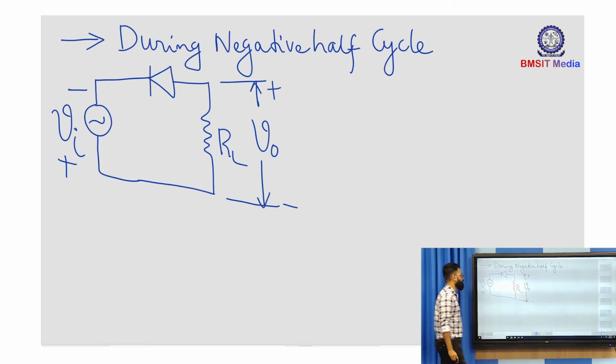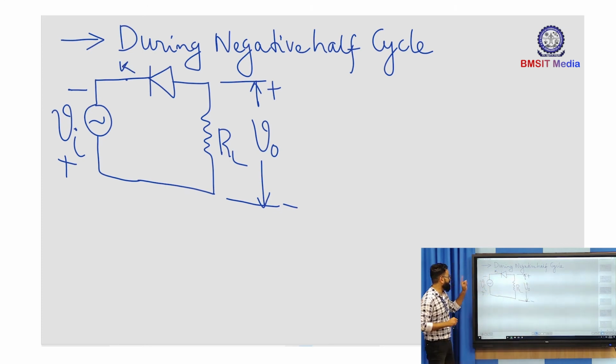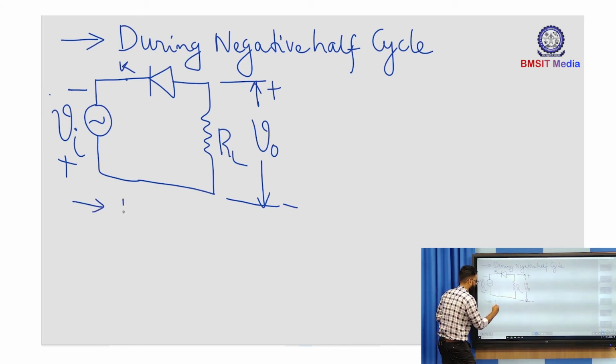Okay. Now, during the negative half cycle, as you can clearly observe, the cathode terminal of the diode is getting connected to the negative terminal of the source, and you can say that the diode is forward biased.